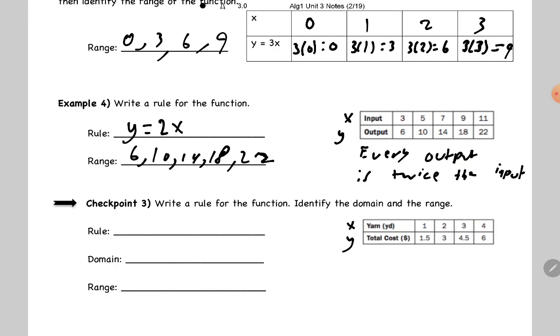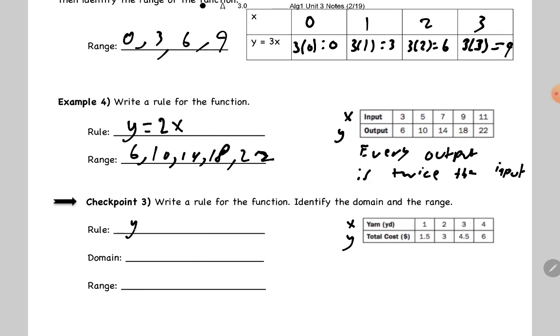Okay. So what's going on is we're adding $1.50 or 1.5 each time. Okay. So y equals 1.5 times whatever our input is.